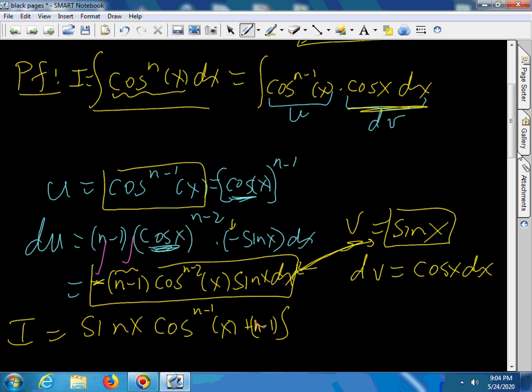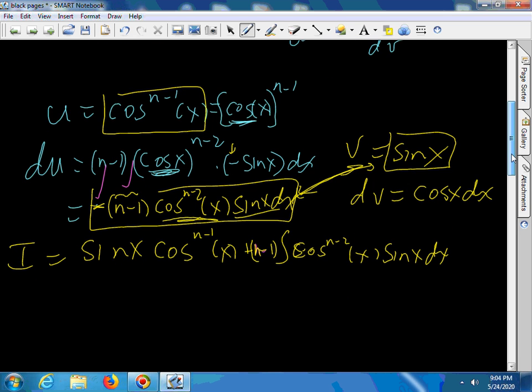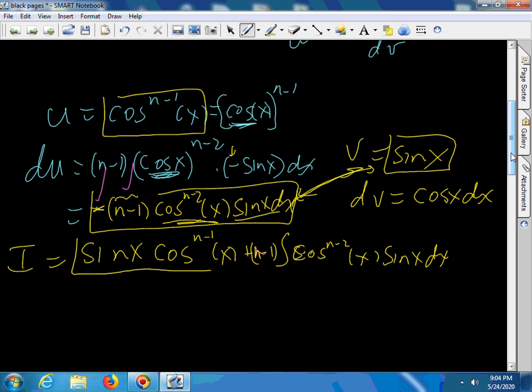And then I'll write this down: cosine n minus 2 of x, then sine x dx. Okay, so this part is pretty much done.